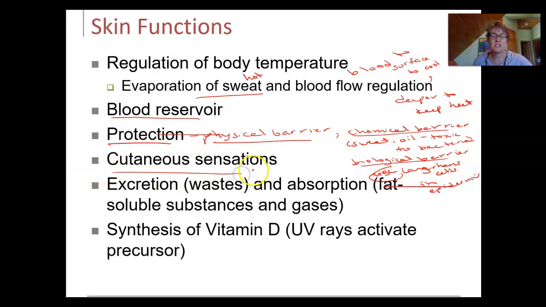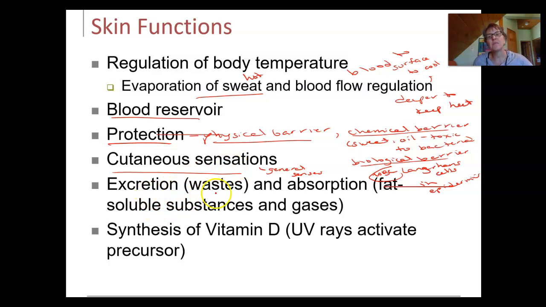We have cutaneous sensation, all of those different sensory organs of free nerve endings and encapsulated ones for temperature, warm, cold, pain, tickle, itch, light touch, and pressure. Those are called general senses, because then the specialized senses are like your 5 special senses of vision and hearing and smell and taste and I don't remember. I'm not sure. Okay.